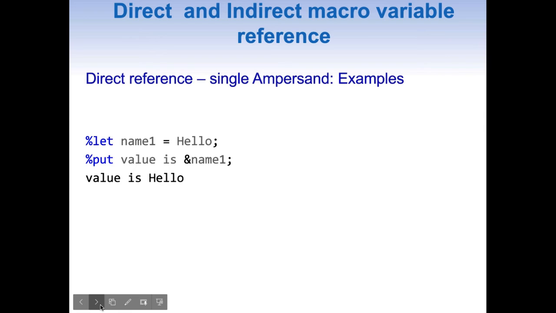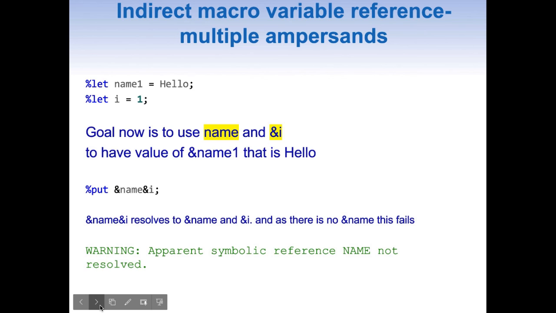This is a pretty straightforward scenario. Now let us look into an indirect macro variable reference. This is really very helpful, and the reason for using this kind of thing we will discuss in future classes, but for now let's try to understand what is indirect macro variable reference. For understanding it, let us use the same example. We have %let name1 equal to hello.